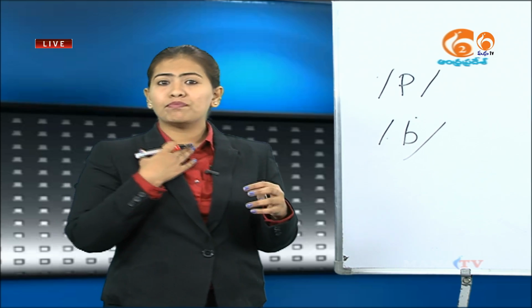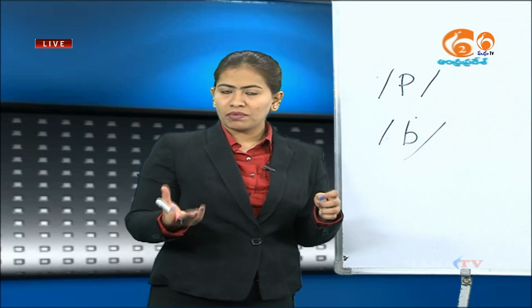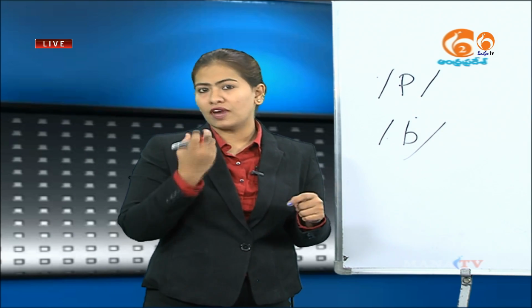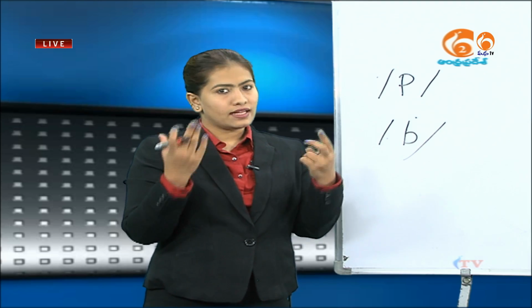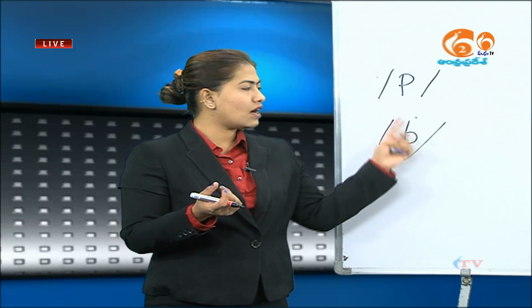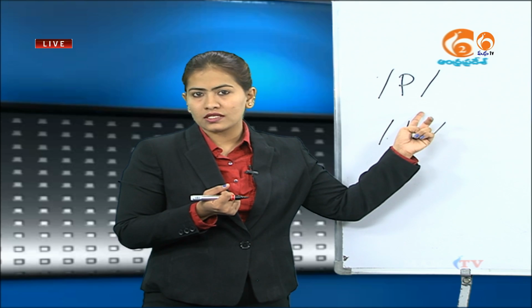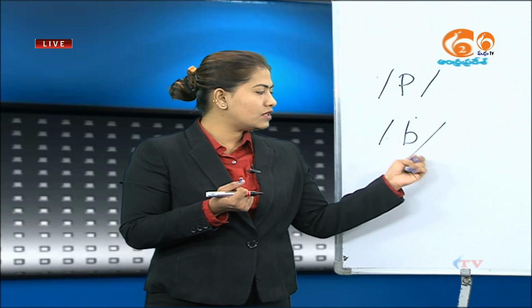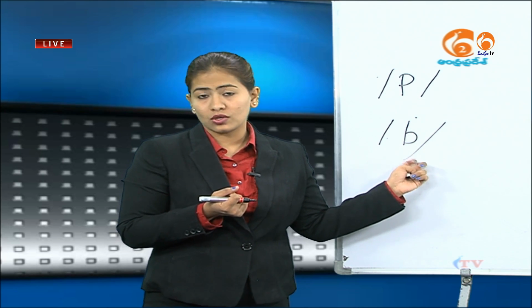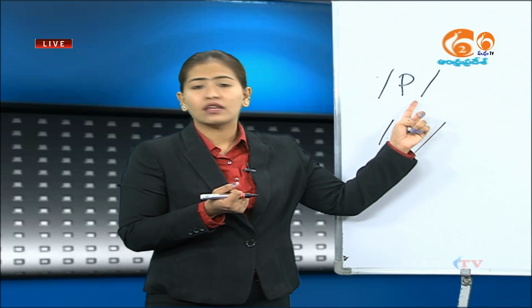When I say b, it is completely obstructed because there is a heavy vibration that I sense. Hence these two sounds belong to the categories of voiced and unvoiced sounds: this is your voiced sound and this is your unvoiced sound.